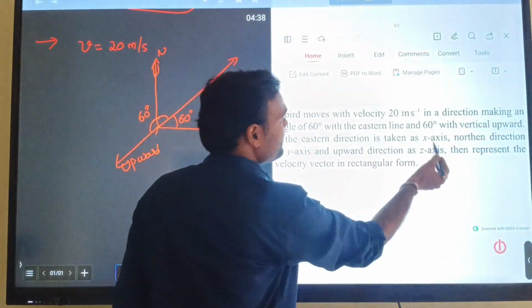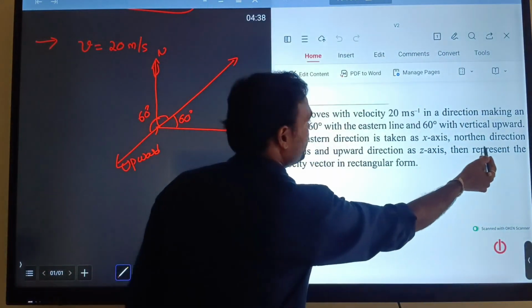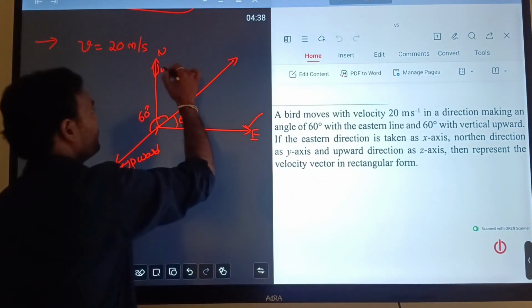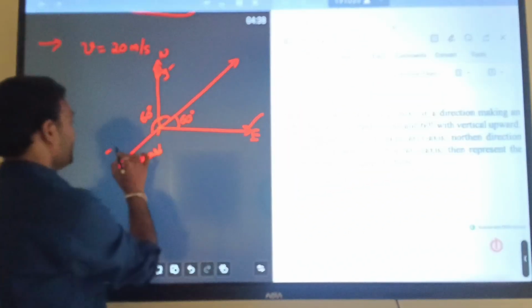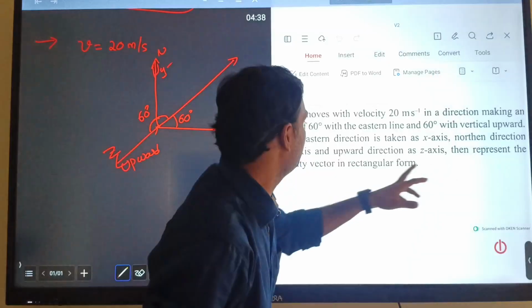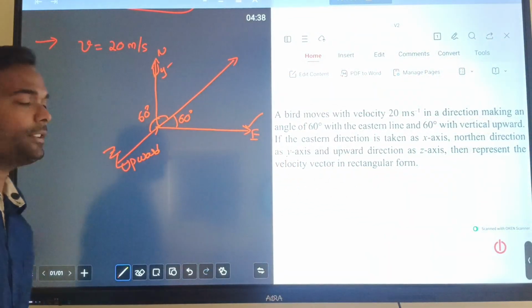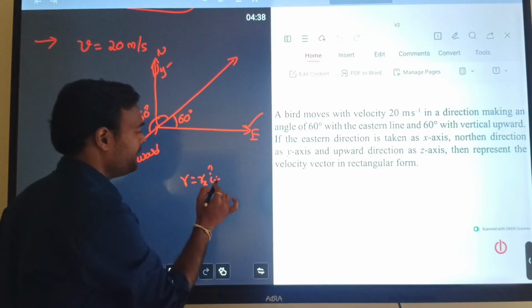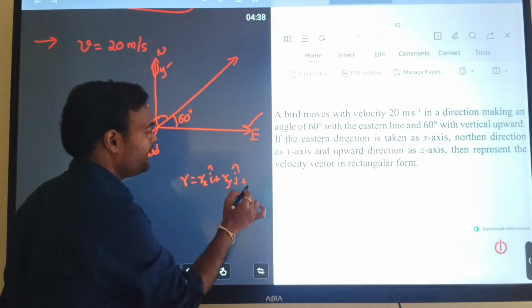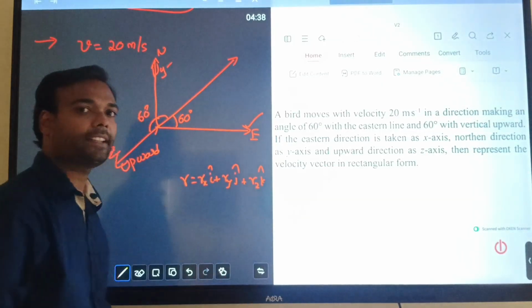If the eastern direction is taken as the x-axis, northern direction as the y-axis, and upward direction as the z-axis, then represent the velocity vector in rectangular form. Rectangular form means r is equal to rx i plus ry j plus rz k.